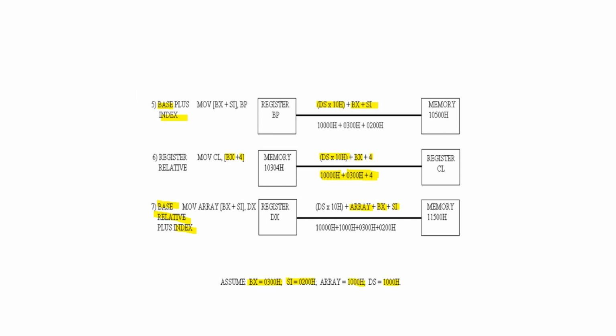So 1000 plus BX plus SI, everything is a 16-bit value, so I get a 16-bit offset address: 1000 plus 300 plus 200, which gives 1500. That 1500 is a 16-bit address which will be added with the left-shifted segment address, so that I will be getting a 20-bit address. So these are all the various addressing modes of 8086. Thank you.